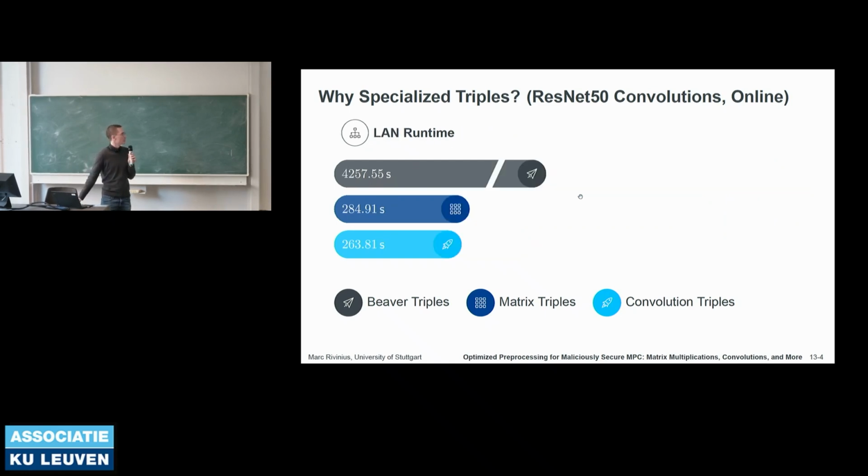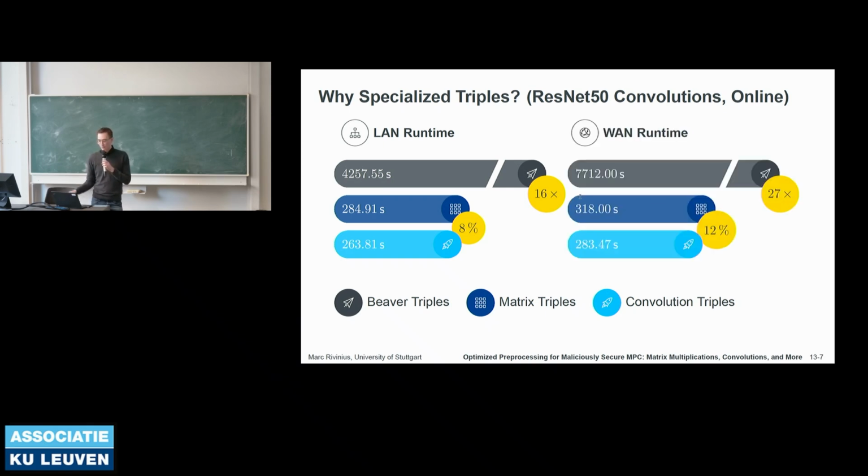And we also did some benchmarks for the runtime. It's not as big of a difference here in our tests, but still you get significantly faster if you do some kind of specialized operation. And especially if you have a slower network, then the communication overhead gets more and more visible.